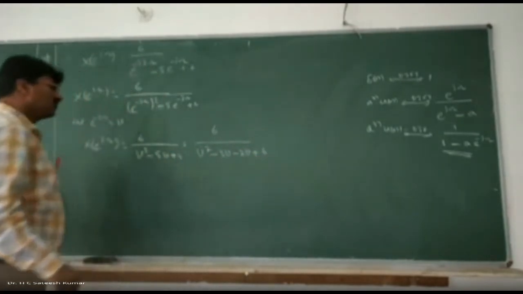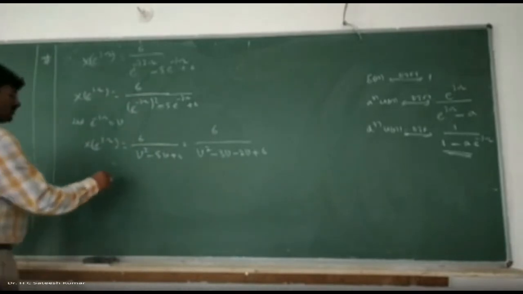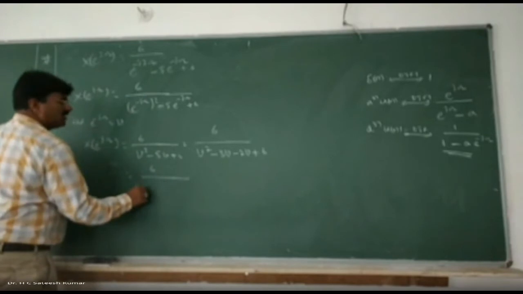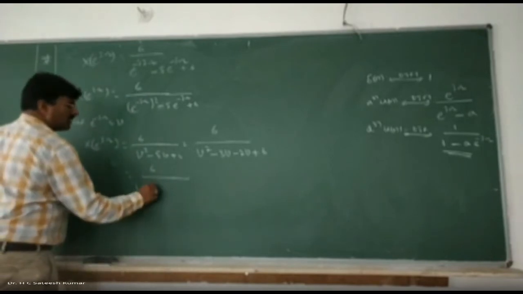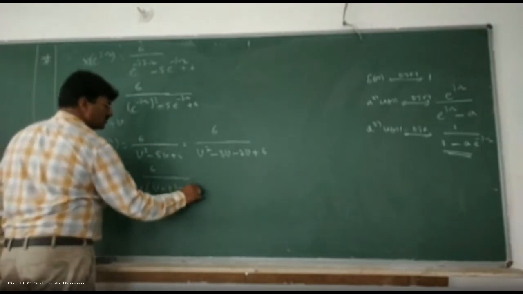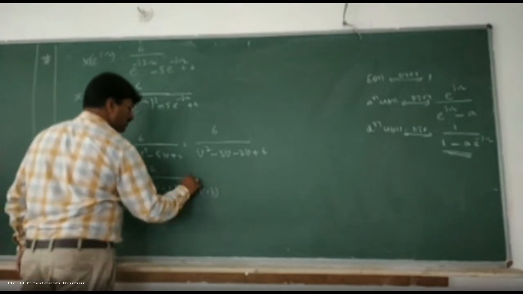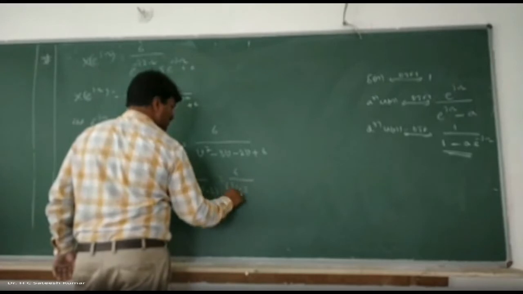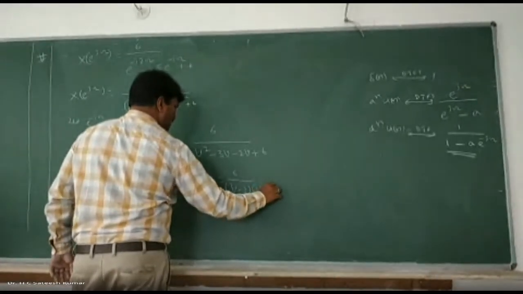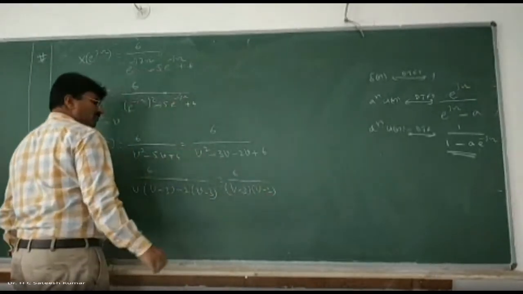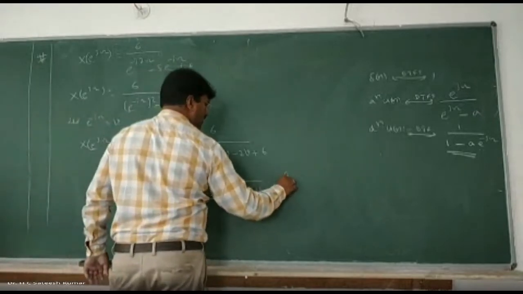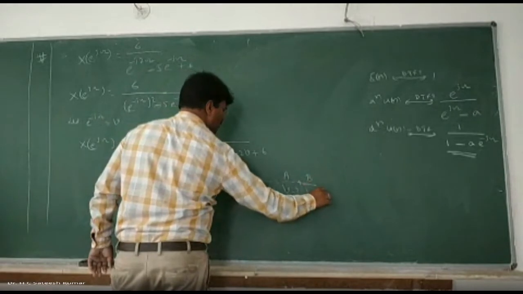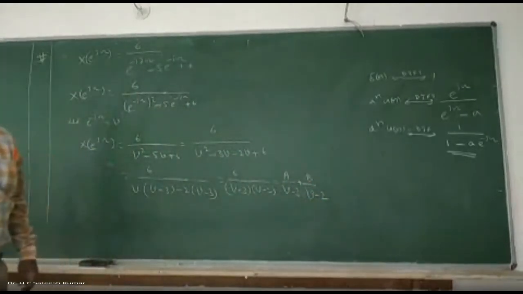Which is nothing but equal to 6 divided by v, if you take it, v minus 3, minus 2, if you take it, v minus 3. It is equal to 6 divided by v minus 3 into v minus 2. Or you can do it with a calculator, no problem, which is equal to A divided by v minus 3 plus B divided by v minus 2.